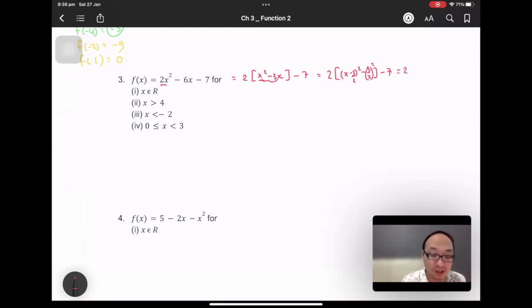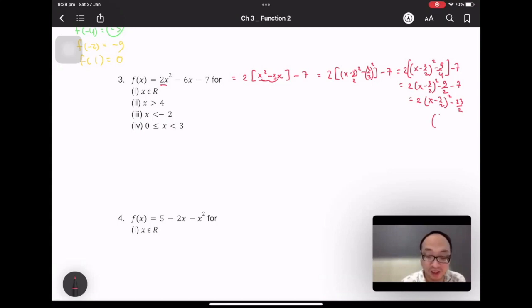It's 2 times x minus 3 over 2 squared minus 9 over, okay, put bracket here, 9 over 4 minus 7. So 2 times x minus 3 over 2 squared minus 9 over 2 minus 7. So 2 times x minus 3 over 2 squared minus 23 over 2.